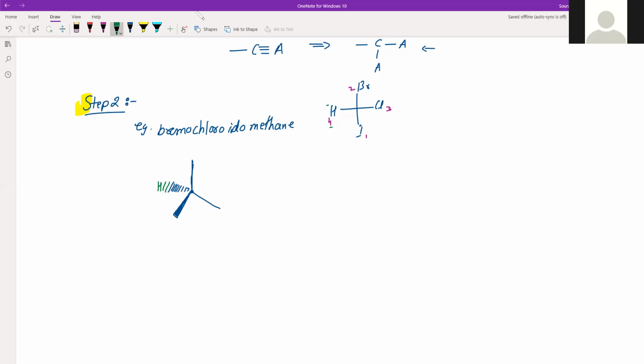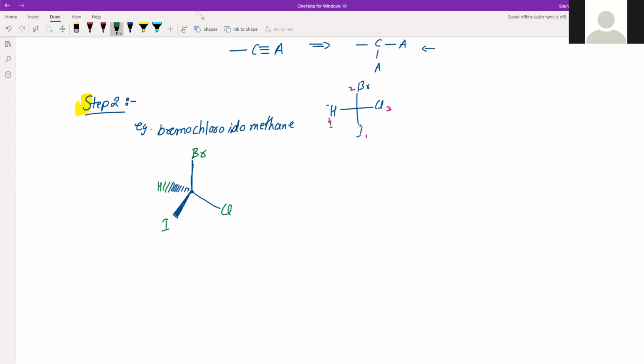Here, for example, this will be iodine, this, suppose, is bromine, and this is chlorine.